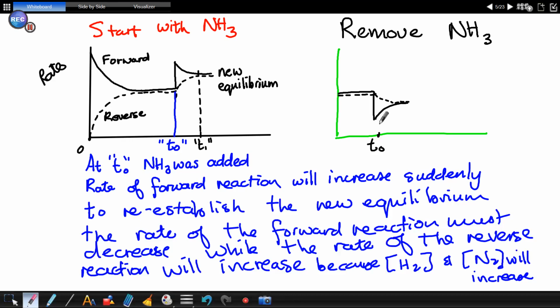So as more ammonia is formed, the rate of the forward reaction will speed up. As less hydrogen and nitrogen is present in the reaction, the reverse reaction slows down.